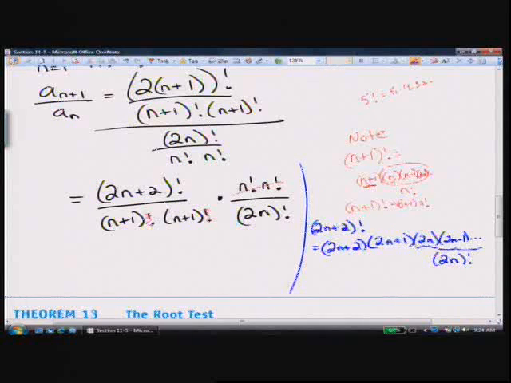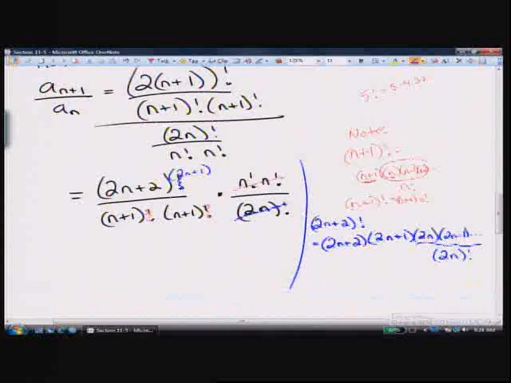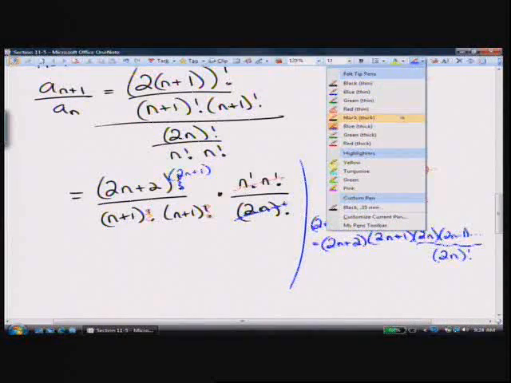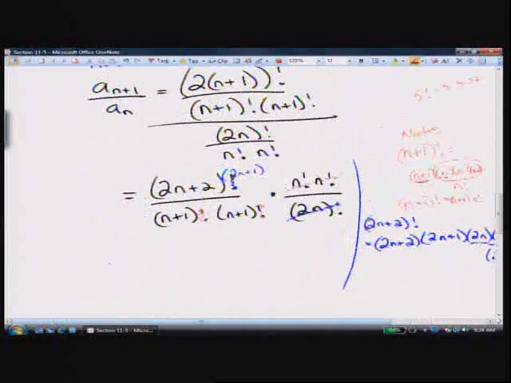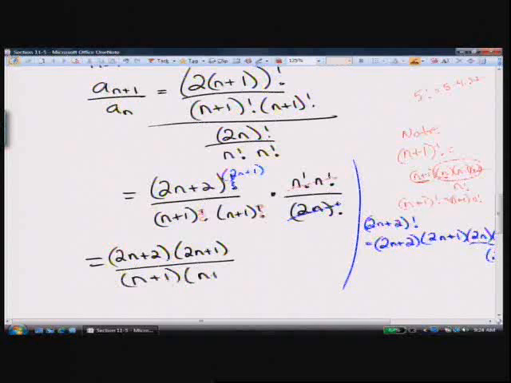So I can cancel this, and then I have to write this as 2n plus 2 times 2n plus 1, because it took a little longer to get there. Okay, so that's cool. So let me switch back to black. So I can write this as 2n plus 2 times 2n plus 1 over n plus 1 times n plus 1.